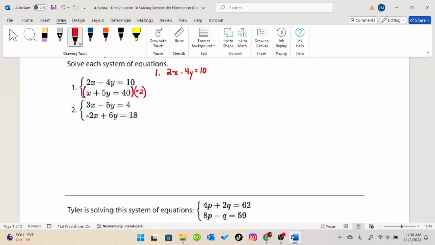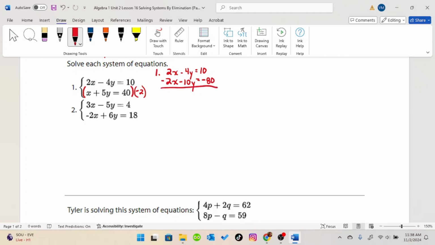So -2 times x is -2x. -2 times 5y is -10y. And -2 times 40 is negative 80.